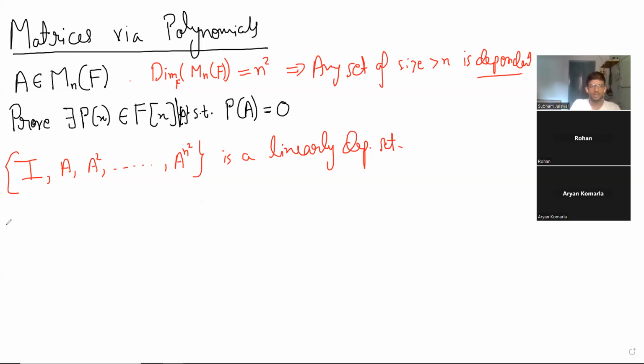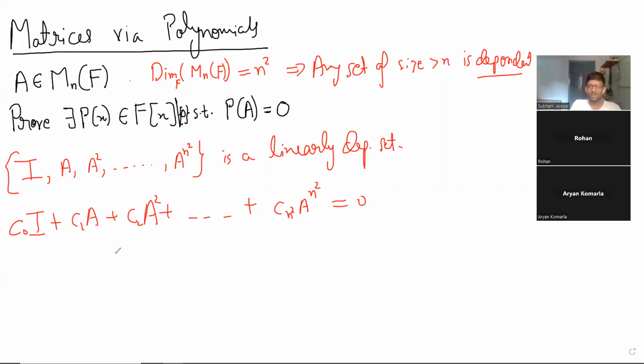It's linearly dependent. And from here, I suppose you can complete the proof by just using the definition of linearly dependent. You have a lot of these c_i's, a lot of them may be 0, but the only condition is that all of them should not be 0. Okay.